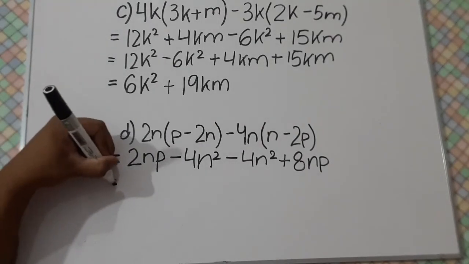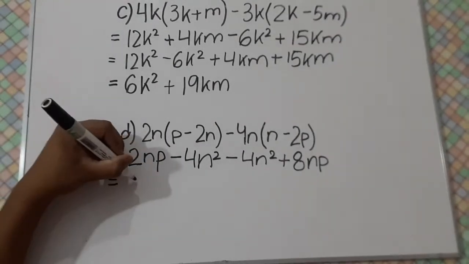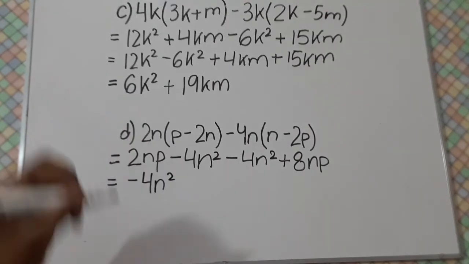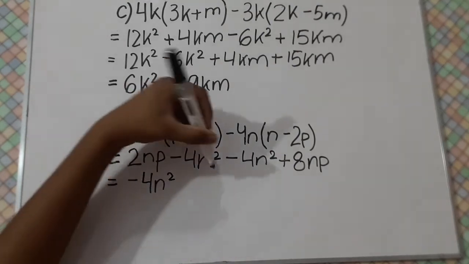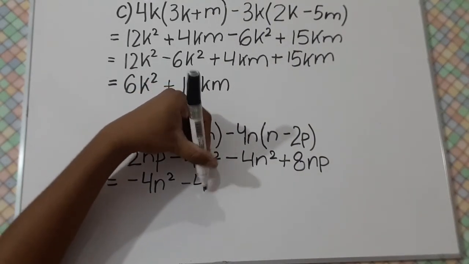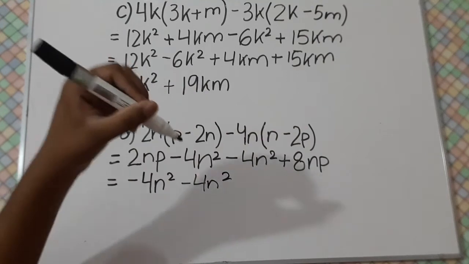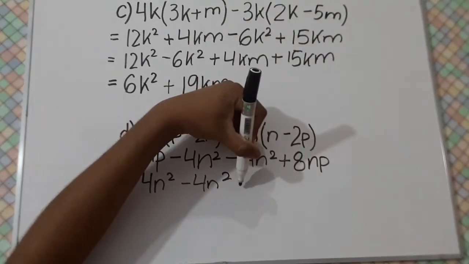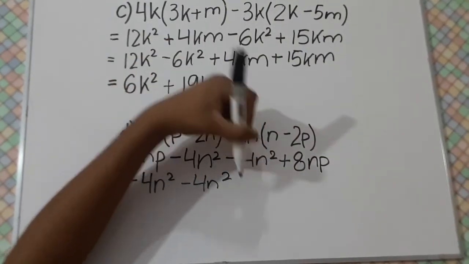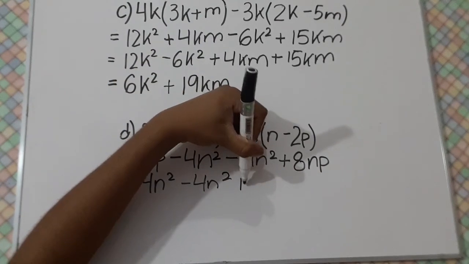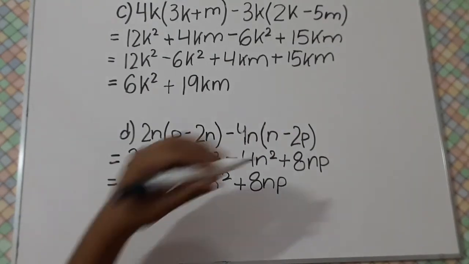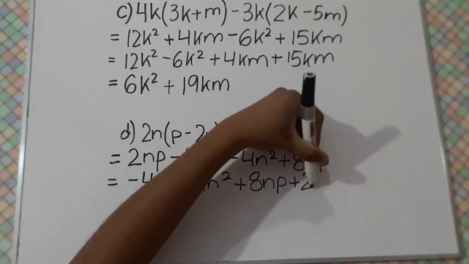Now first we are going to bring the squares over here. We are going to gather the like terms. So minus 4n squared and minus 4n squared would be shifted over here. Then I am going to write plus 8np, and 2np is also positive, so plus 2np.